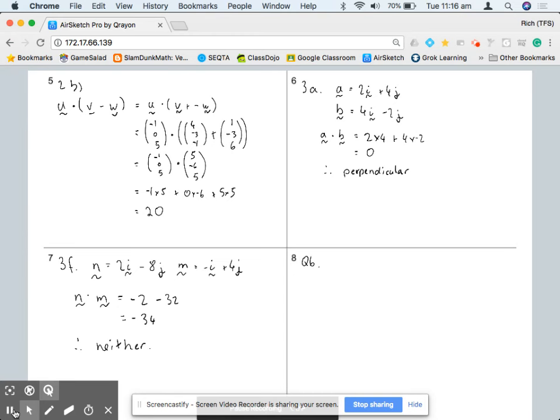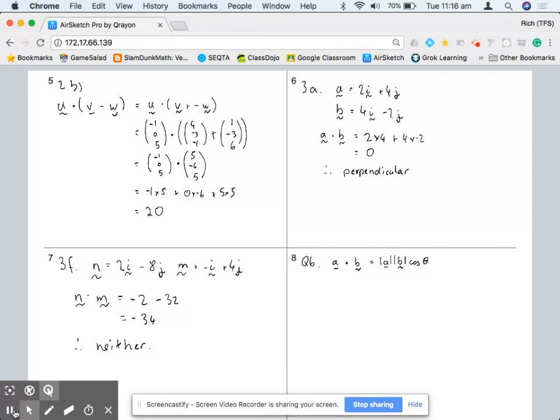So question 6 is the first time really we're asked to use the alternative version of the formula, because you are asked to find the angle between the vectors. So we're going to use this notation, that a vector dot product with b vector is equal to the magnitude of a vector times the magnitude of b vector times cos theta.